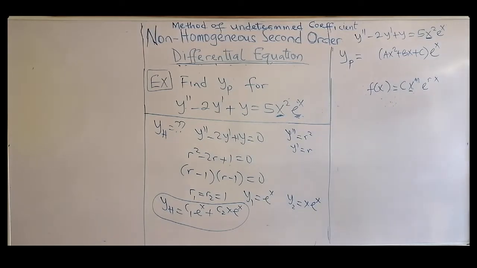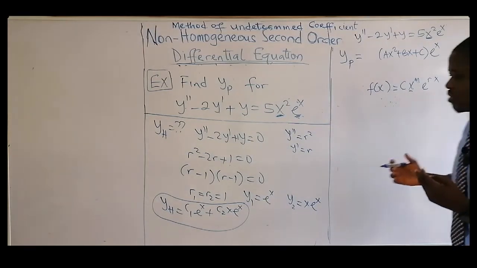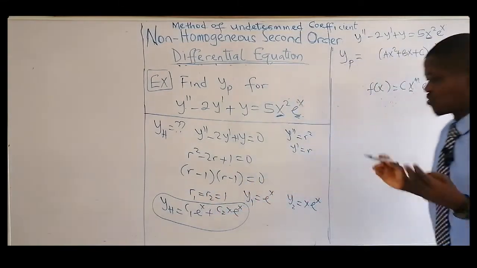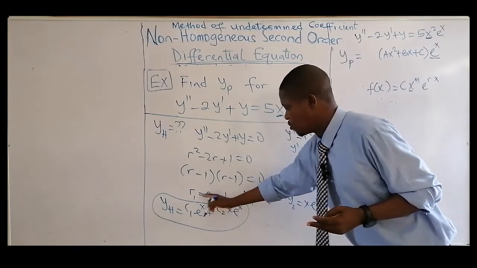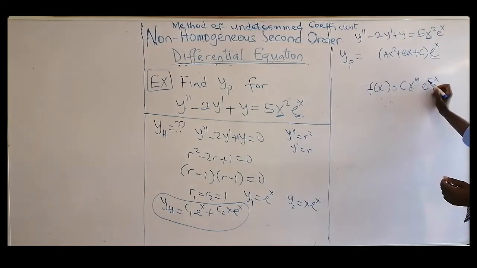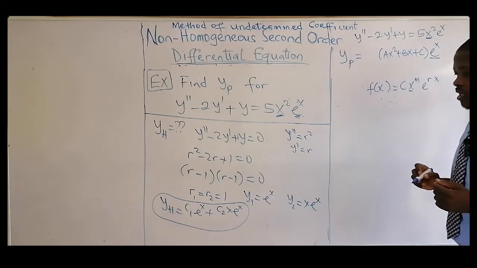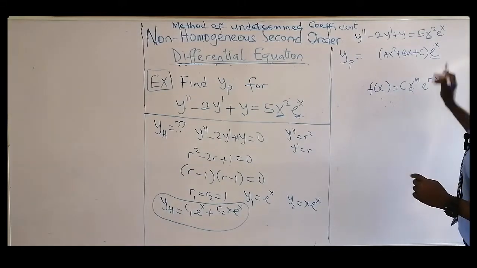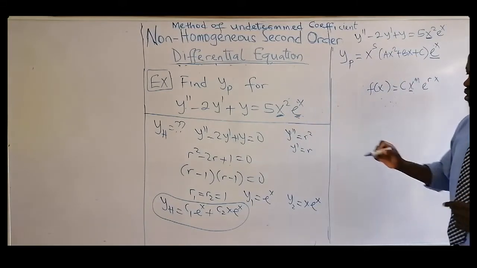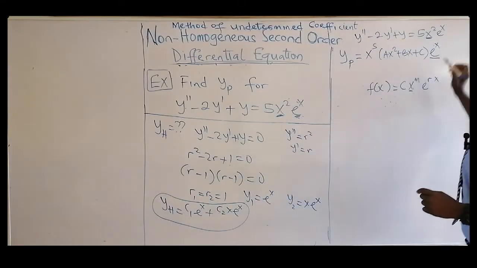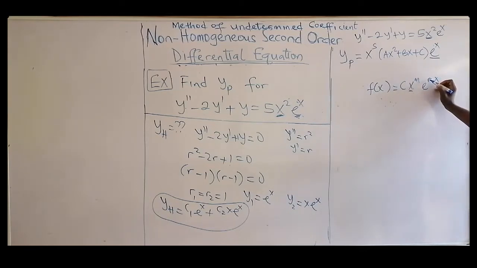What we now need to note is whether any root of the auxiliary equation is equal to this r in e^(rx), which is 1. If one of the roots is equal to r, then this x will be equal to 1.